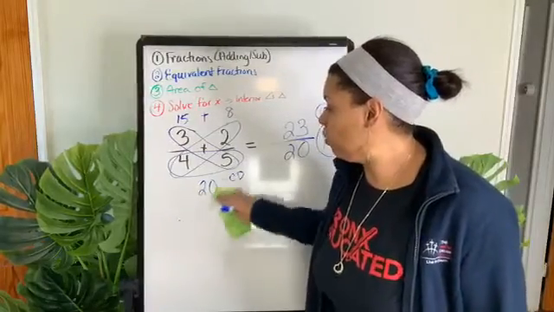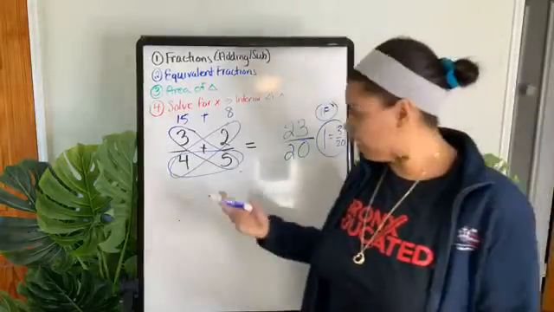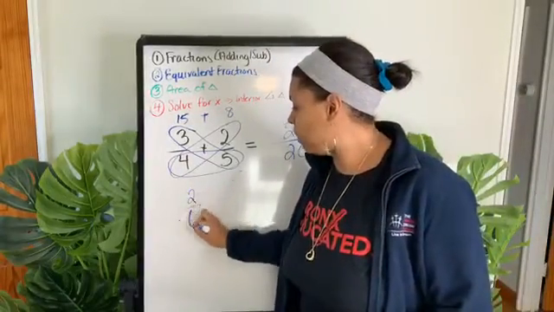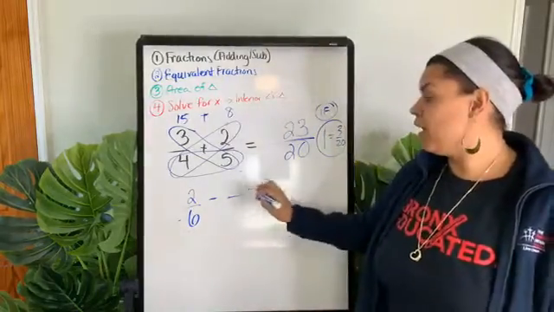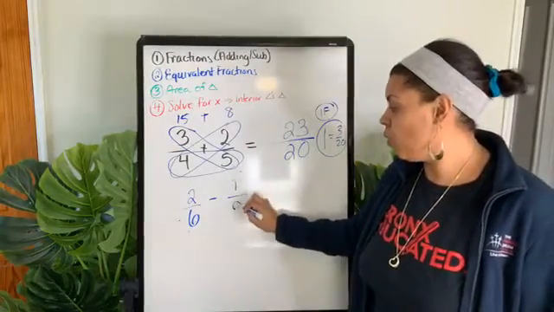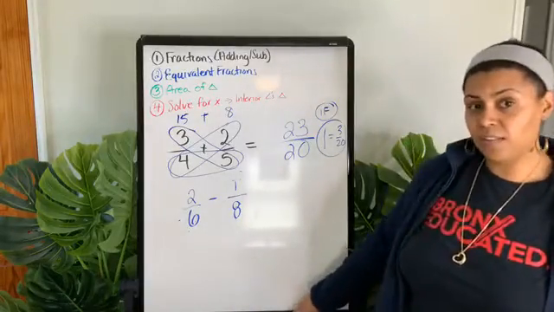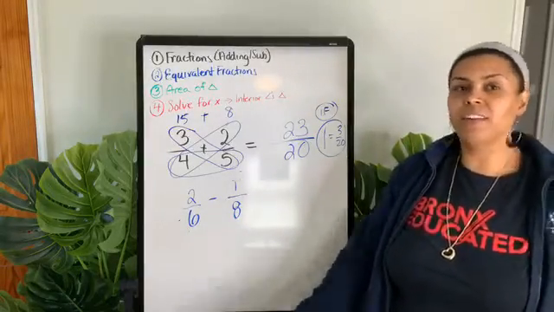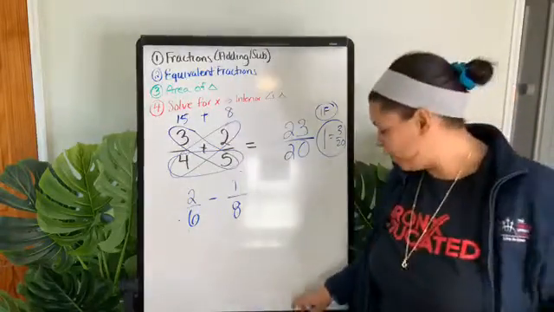I'll just do one more just to make sure you have the steps for this. Let's say you're doing, I'm just making up numbers, 2/6 minus 1/8, okay? And we're going to do the same thing. It's kind of like you're going to multiply this way, and then here, multiply straight.